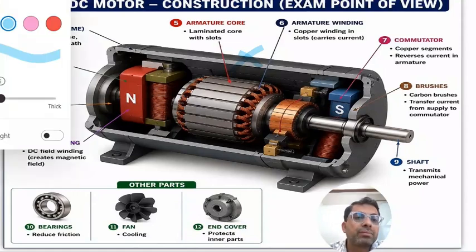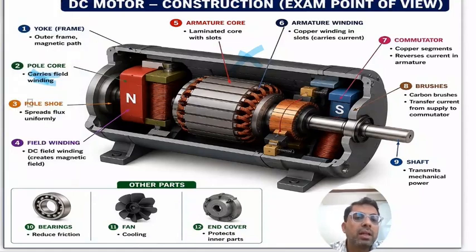Then this is the pole shoe. It spreads the flux uniformly. This is the DC field winding, which creates a magnetic field. This is the armature core, a laminated core with slots. This is the armature winding, a copper winding in the slots that carries current.